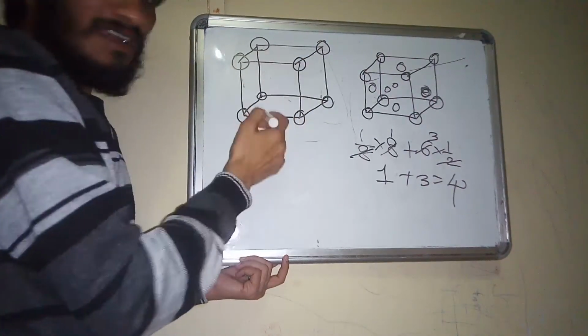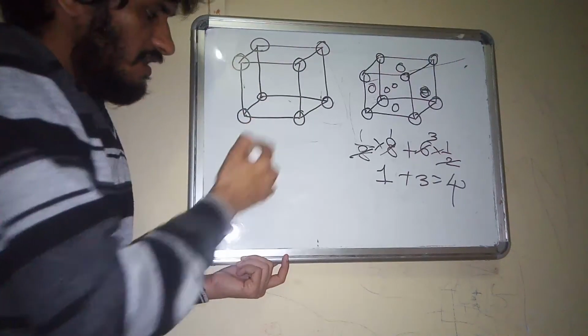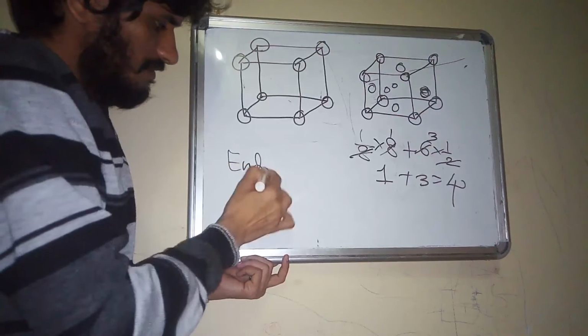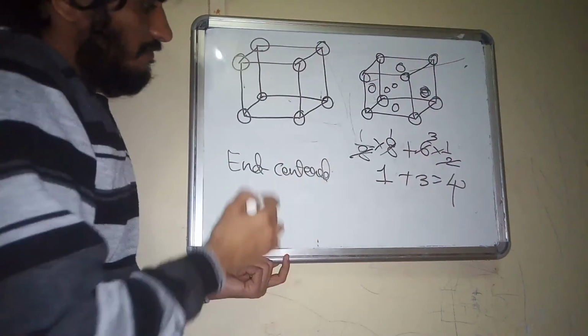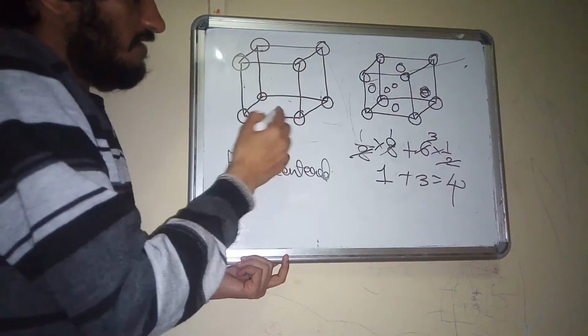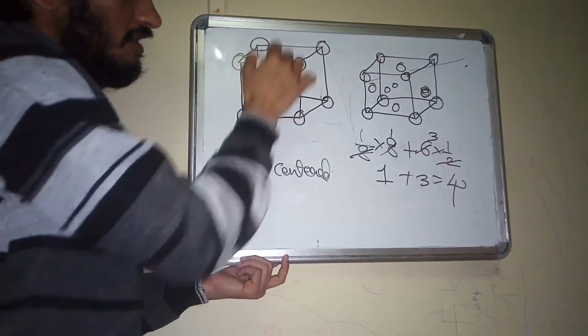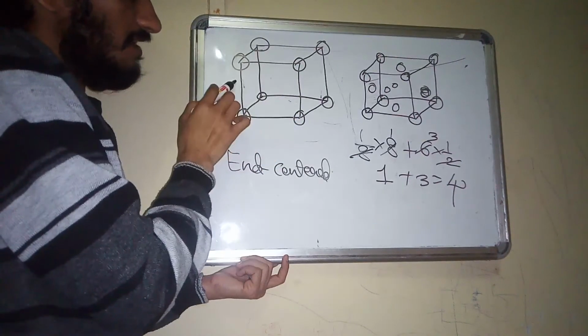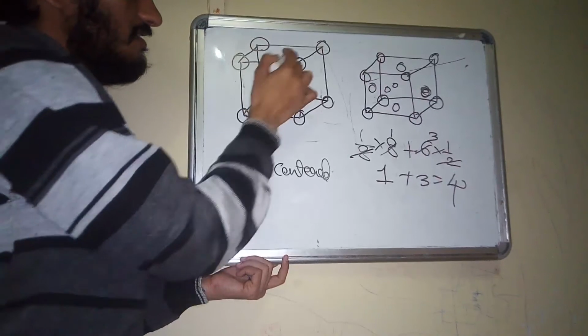So how many faces are there for a cuboid structure? 6 faces. What does end centered mean? It means in any two opposite faces. See, this is the bottom face, this is the top face. These both are opposite. Or this is the left side, this is the right side. These both are opposite. This is the front side, this is the back side.